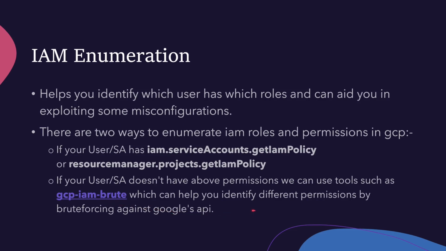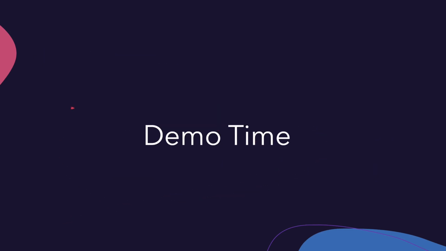We can abuse that endpoint to brute force different permissions and explore further. I know this part might become overwhelming, but we can understand it properly in our lab, so we will move on to the lab part.